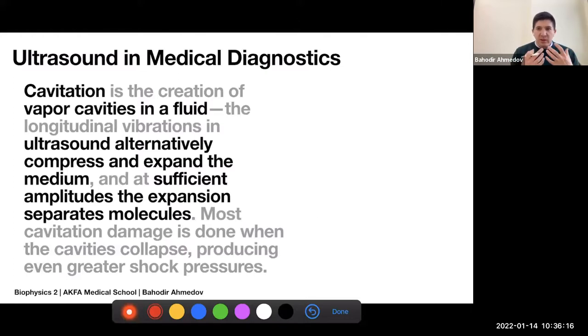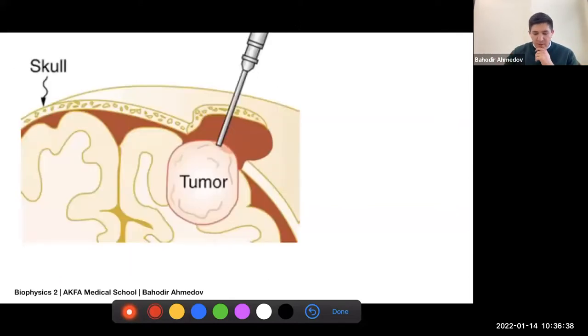So this is how individual cells are going to be killed. At certain intensities, the sound is going to essentially expand and compress the particles of the medium. So this is how it is going to kill the cells.